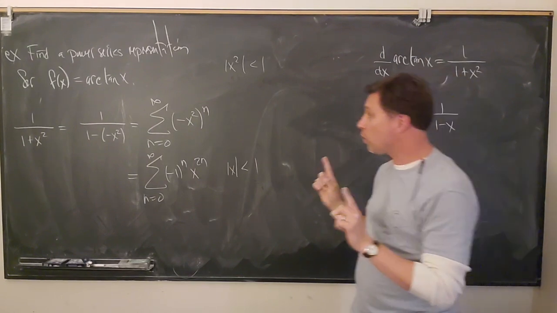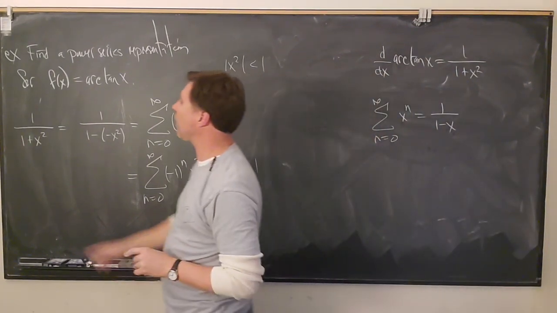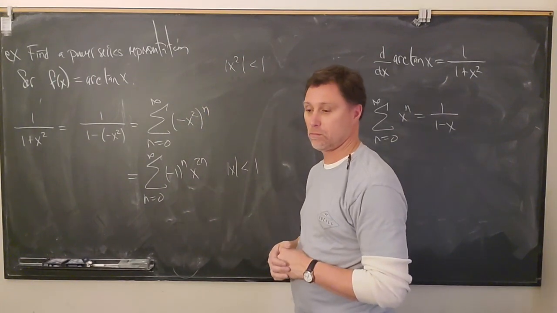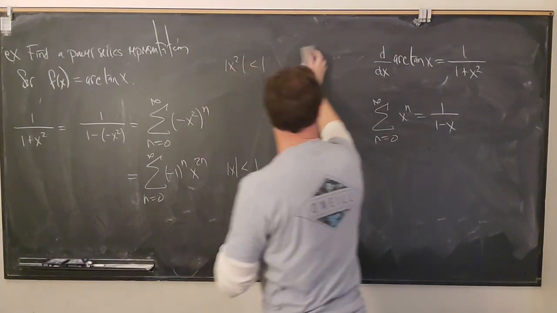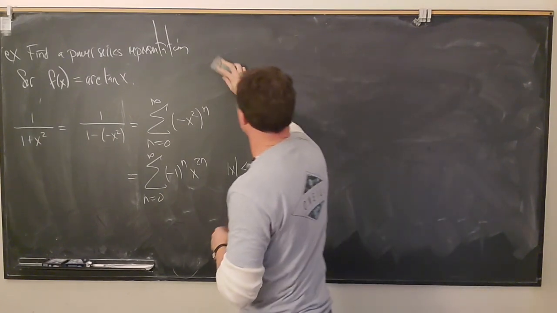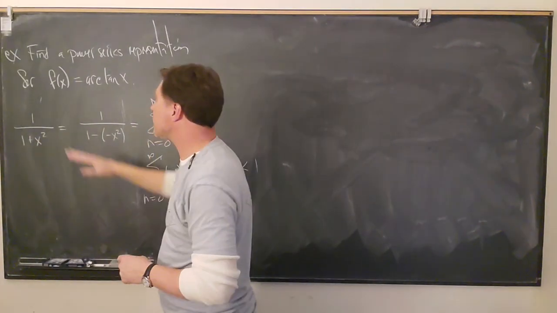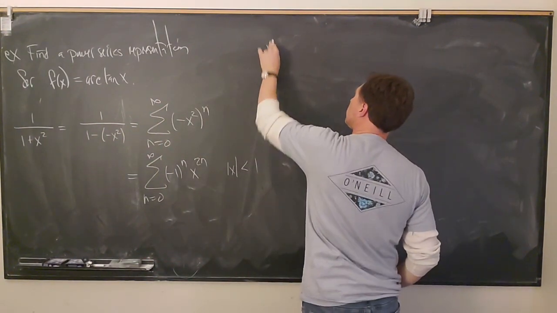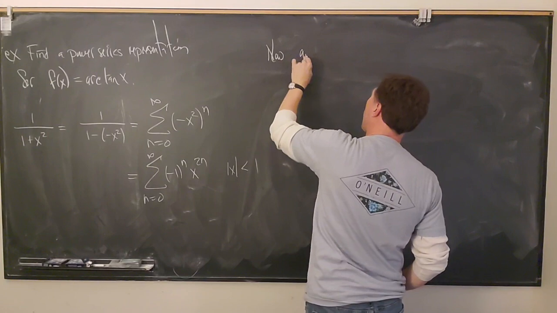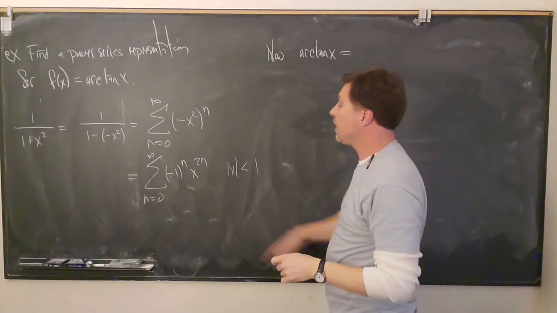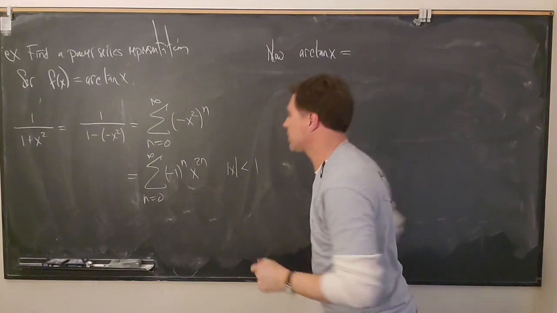Okay, so now we have found a power series representation for the derivative of the arctan. And so that means if we want a power series representation for arctan, I should take an antiderivative. So now arctan of x is going to be the antiderivative of this power series right here.